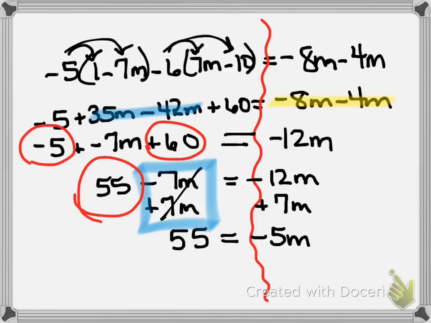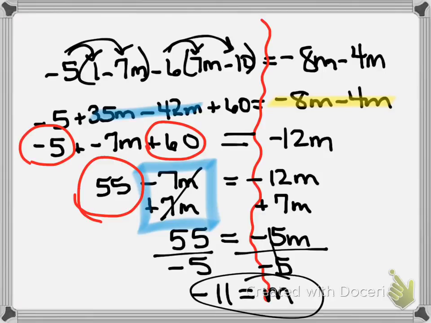Nothing would have gone wrong, nothing would have burst into flames. It's just more work. I know I need all the variables on one side and all the constants on the other. Therefore, I chose to move the 7m out of the way. Now when I get here, it looks just like we started with our one-step equations, and negative 11 equals m.